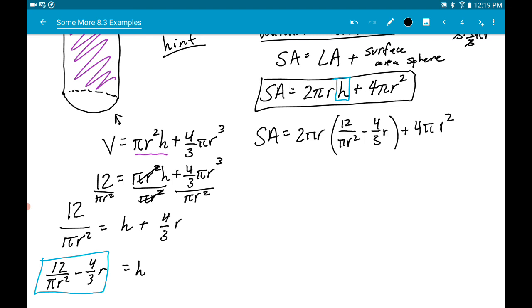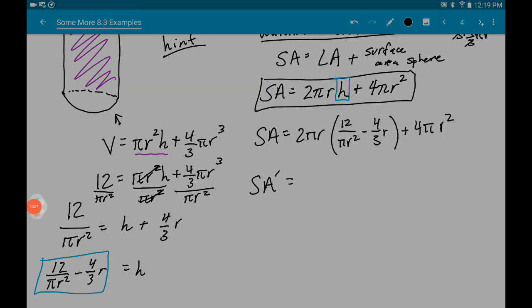And it looks like you could simplify some stuff, but it looks like you're going to have all power rules. And at the very end, you guys know, take the derivative. And if you're going to take it all the way, you're going to set it equal to 0.